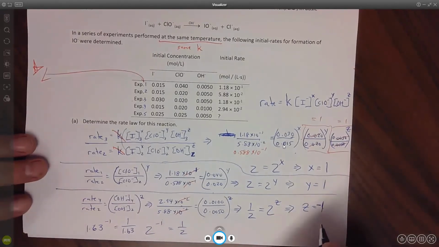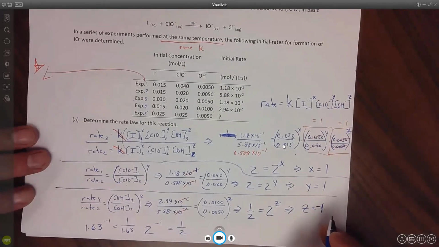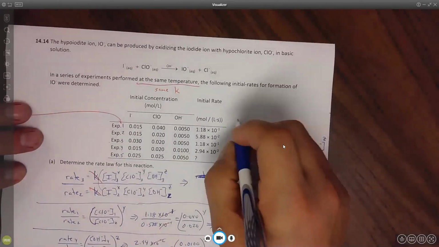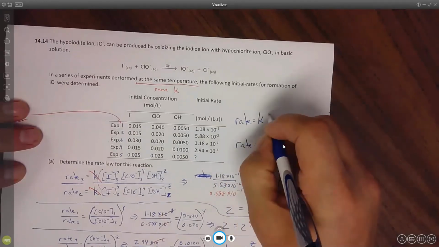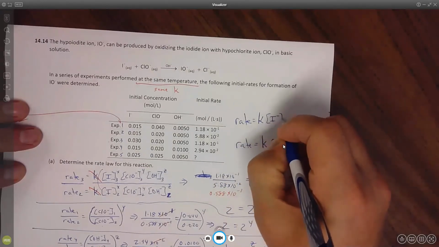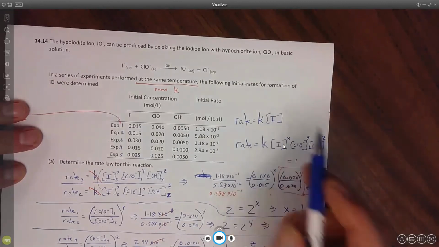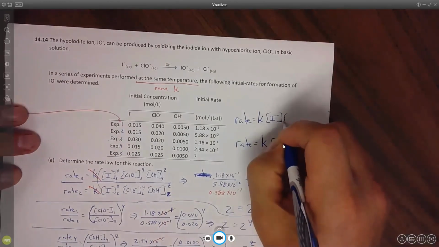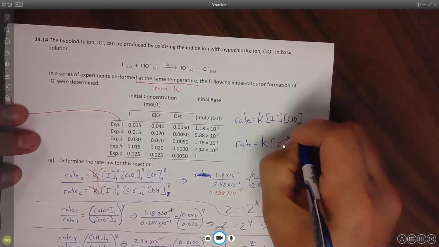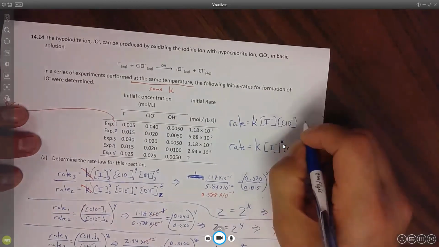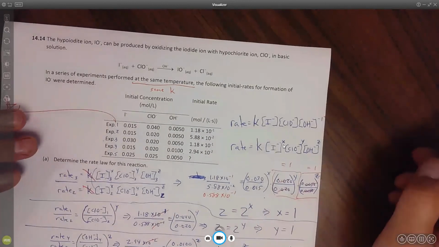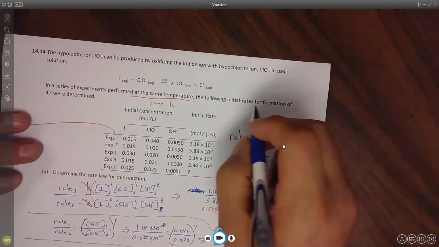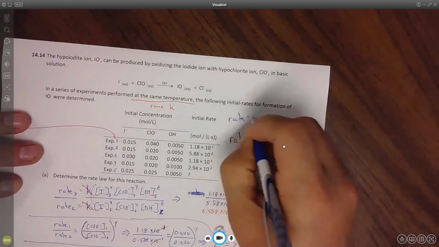Okay, so now we have the rate law. The rate law is now rate is equal to our lowercase k times the concentration of the iodide, raised to the first, so I won't even put anything, times the hypochlorite ion raised to the first, and then the hydroxide raised to the -1. Now you could also write that like this, and again, I don't care which way you write it.